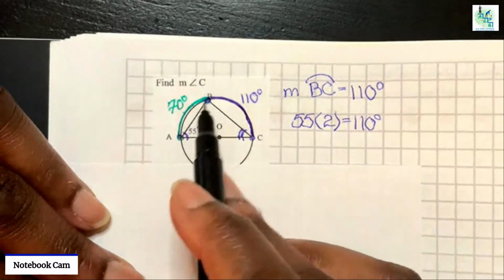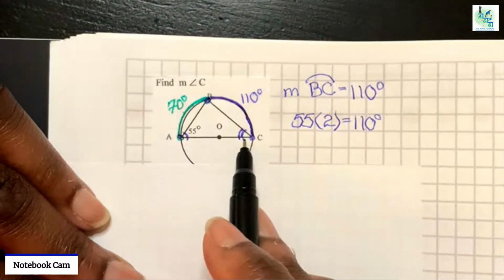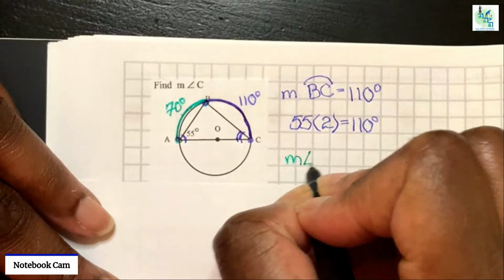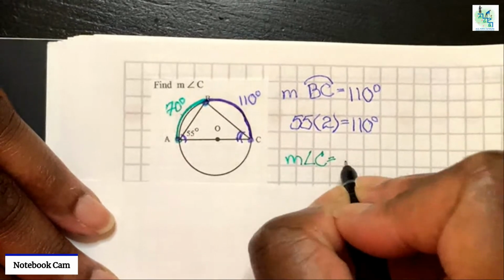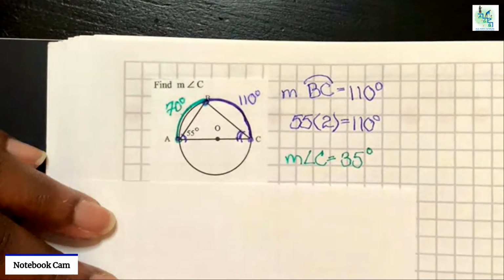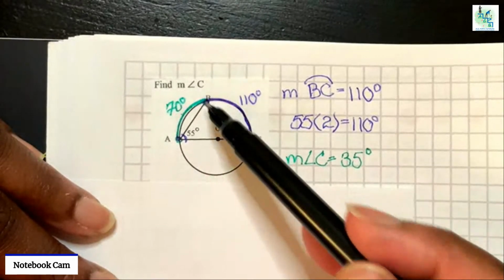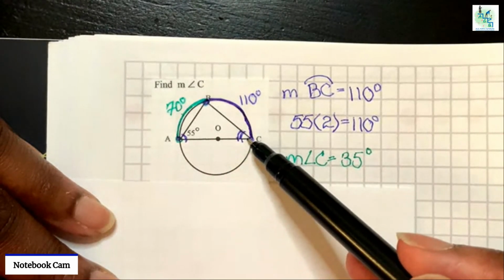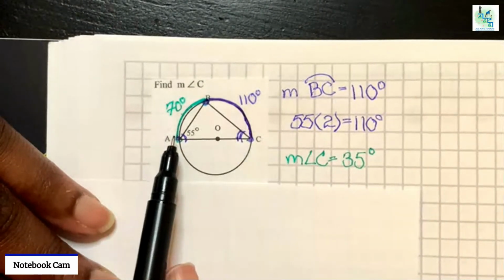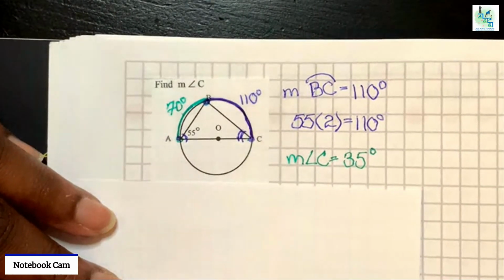So 70 degrees going down half, which will give me the measure of angle C will be 35 degrees. Okay, so when you go from arc to angle, you divide by 2. When you go from angle to arc, you multiply by 2.